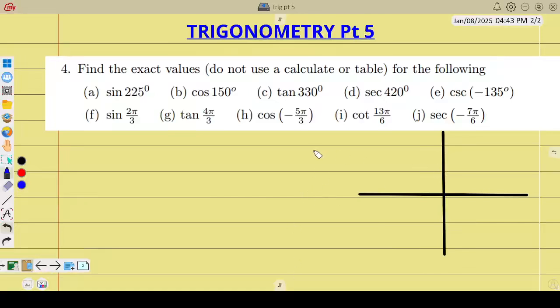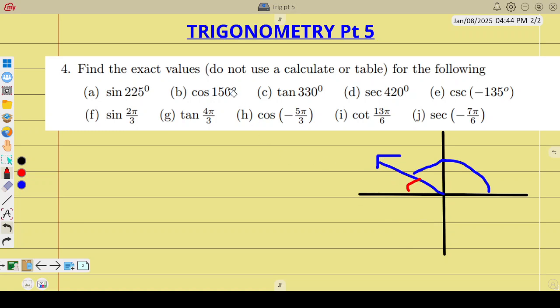We'll use the same triangle. 150 is after 90, so it will be somewhere here. The helping angle, we know, is the angle between the resultant vector and the x-axis.